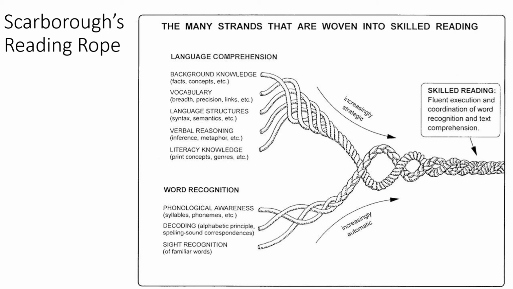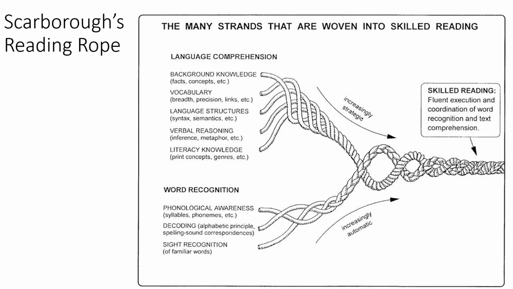That's that phonological awareness or phonemic awareness. These are the syllables, the phonemes, the smallest units of sound, and of course how they blend. Decoding, this one has to do with the spelling. This one has to do with some of those alphabetic principles. And then of course sight recognition, or what we call sight words. So notice that this bottom one needs to become increasingly automatic.